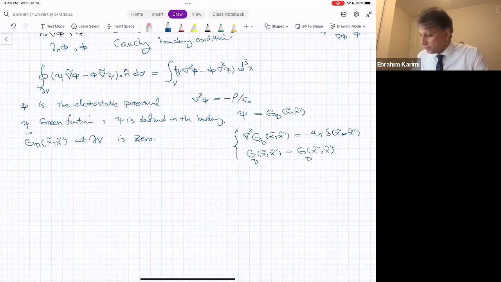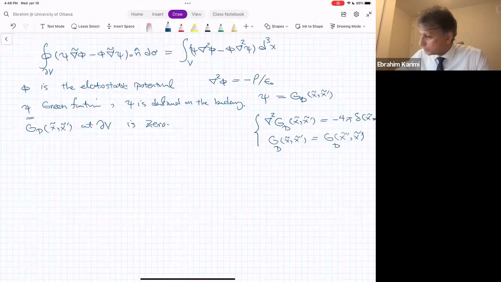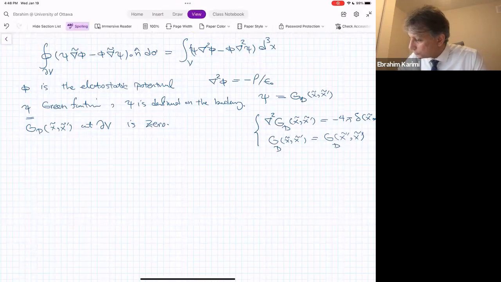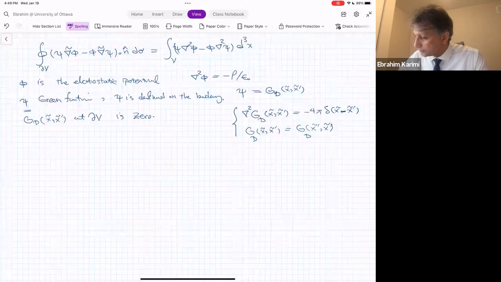Okay, fantastic. Now let's replace it here. Now psi is G_D, and phi is the scalar potential. So I will write it down. It's the integral, oh, sorry. Okay.